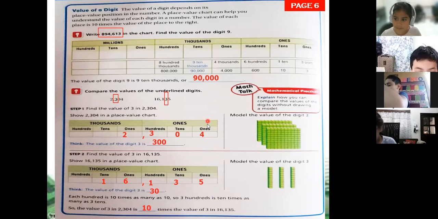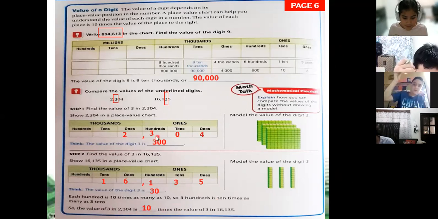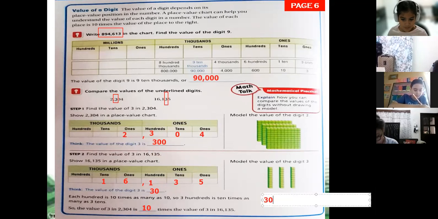Okay, great. We notice that 300, because the 3 is on the hundreds, is greater than the 3 that is on the tens, right? 300 is greater. Now, how much greater? 300 is 10 times greater than 30. Why? Because if you have 30 times 10, you are going to get 300, right?